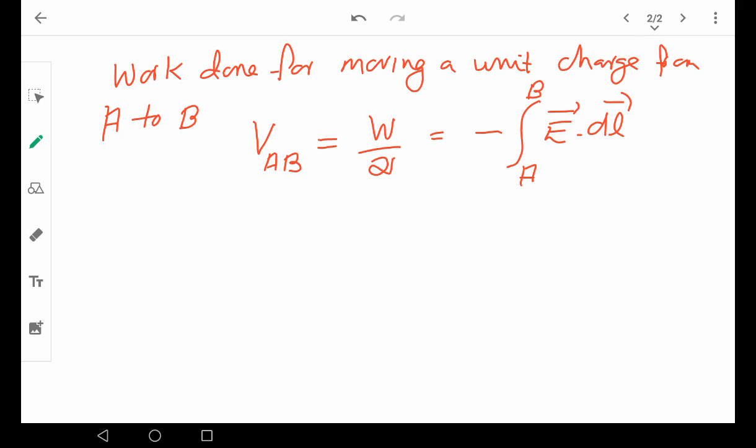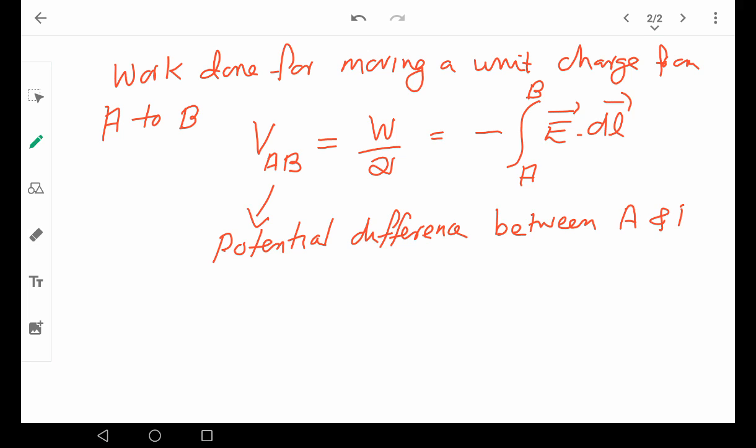This VAB is the potential difference between points A and B.